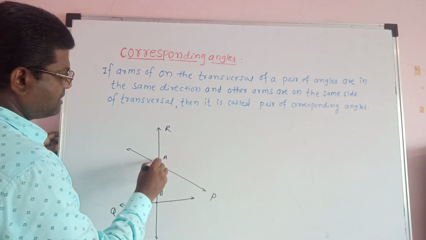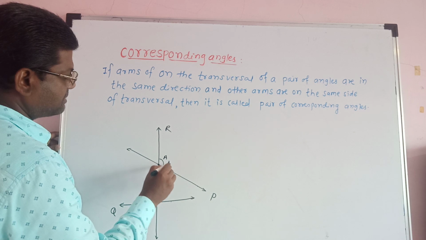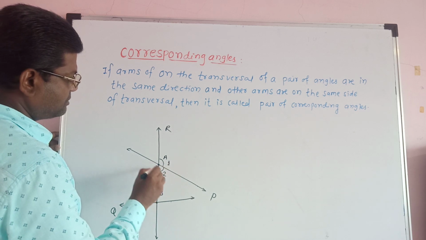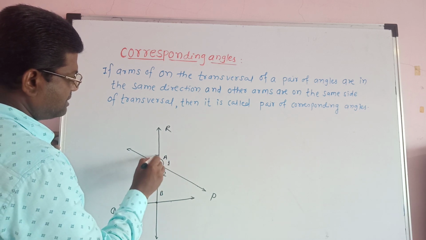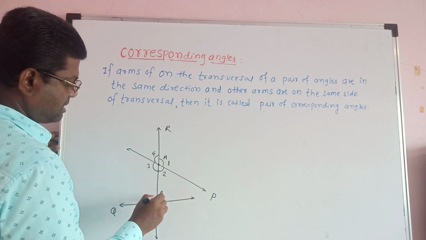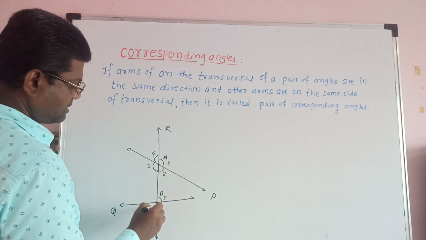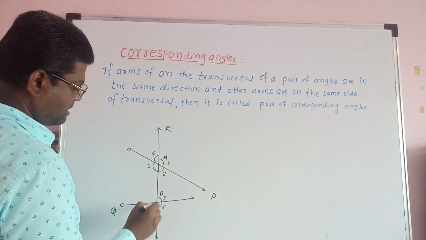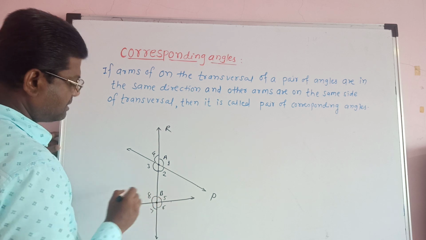At point A we get 4 angles: angle 1, angle 2, angle 3, angle 4. Here we get angle 5, angle 6, angle 7, angle 8.